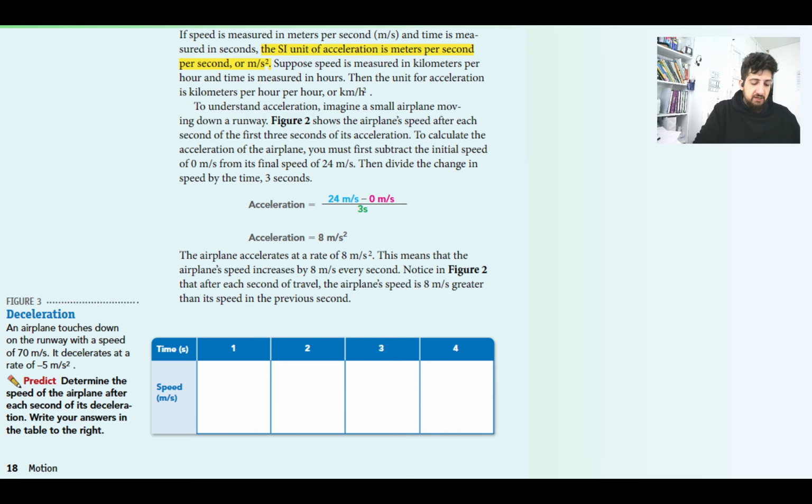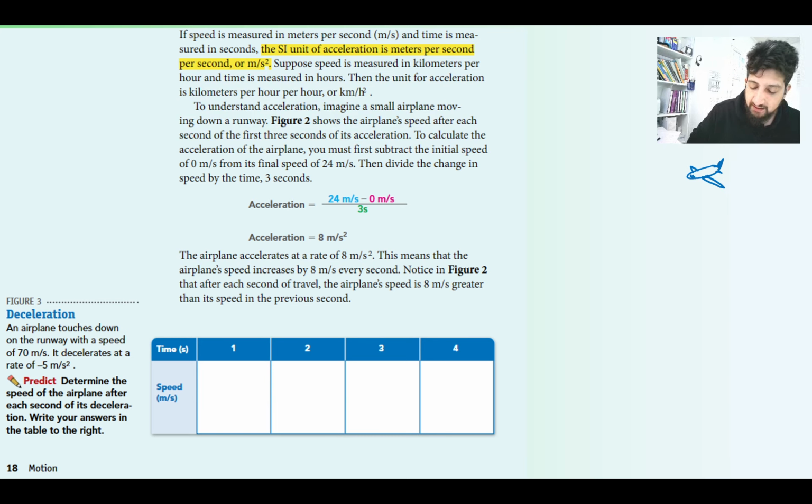Okay, so here they want us to do this. An airplane touches down on a runway with a speed of 70 meters per second. It decelerates at a rate of minus 5 meters per second. So here we have another scenario. We have a plane that is touching on the runway. I'm going to try and draw it in 3D.